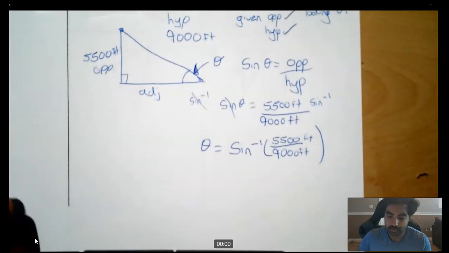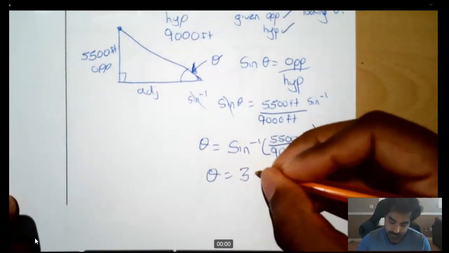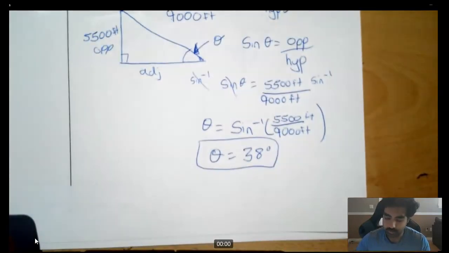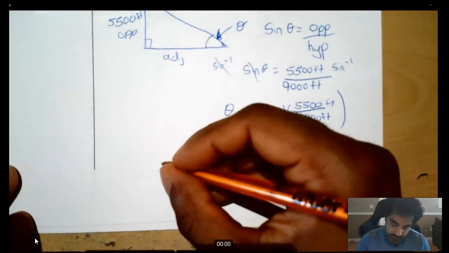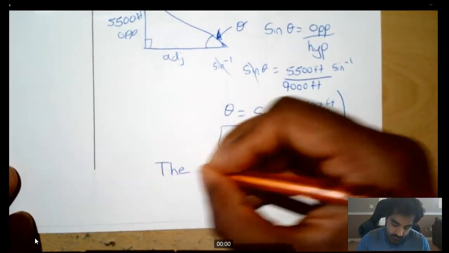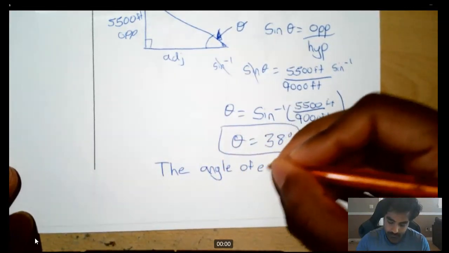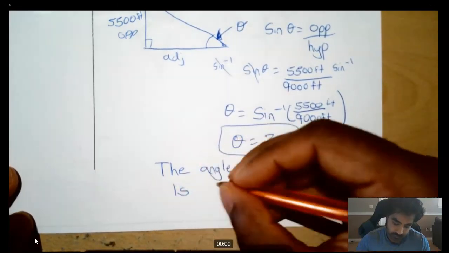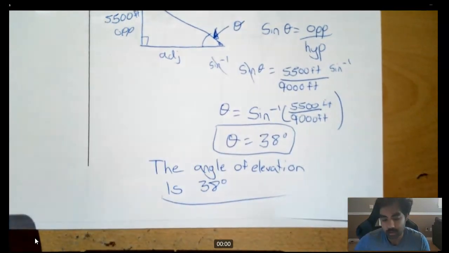Okay, so you do that on your calculator, and you should get theta is equal to 38 degrees. And on word problems, I think you're supposed to always write a word answer as well, as a sentence. So the angle of elevation is 38 degrees. Okay, there we go.